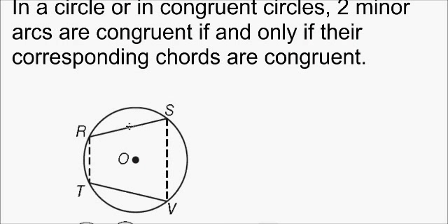And I could determine that if segment RS is congruent to segment TV, remember these little lines over it means segment, so we're talking about the chords, then I can say that arc RS is congruent to arc TV.